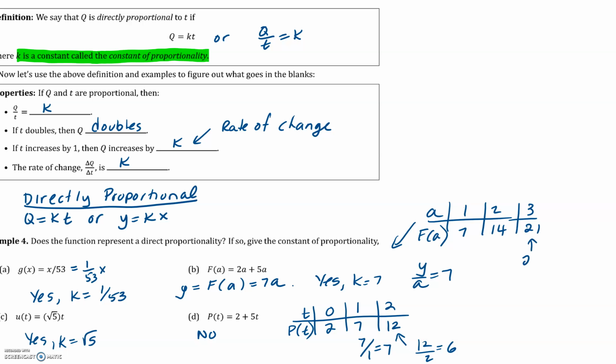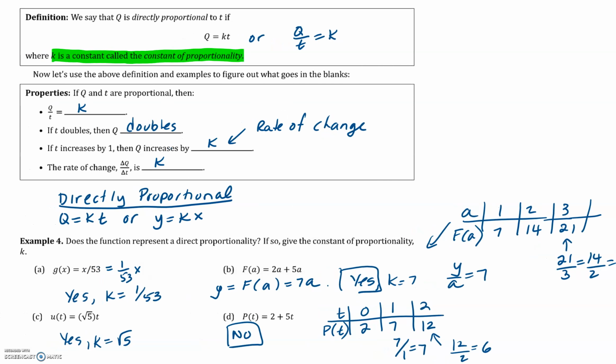And you can see here 21 over 3 equals 14 over 2, which equals 7 over 1. They all are the same. So that's why part A is a yes, and part B is a yes, where part D is a no, just comparing those. Here's the answer for these two.